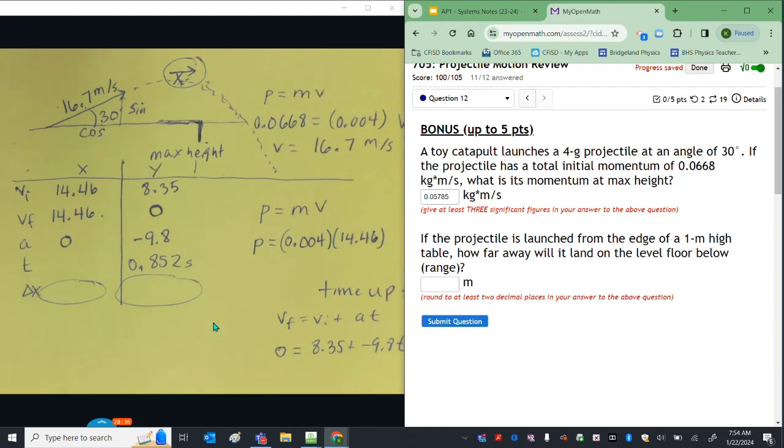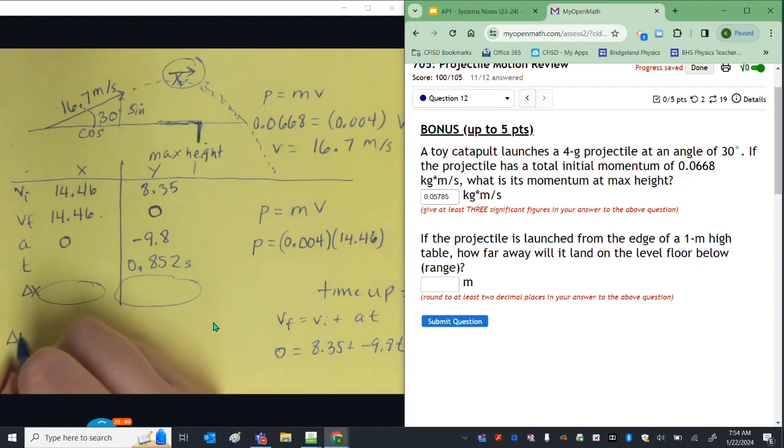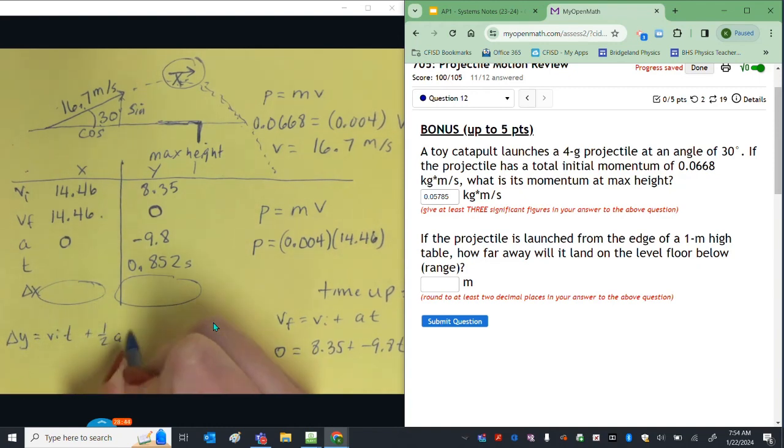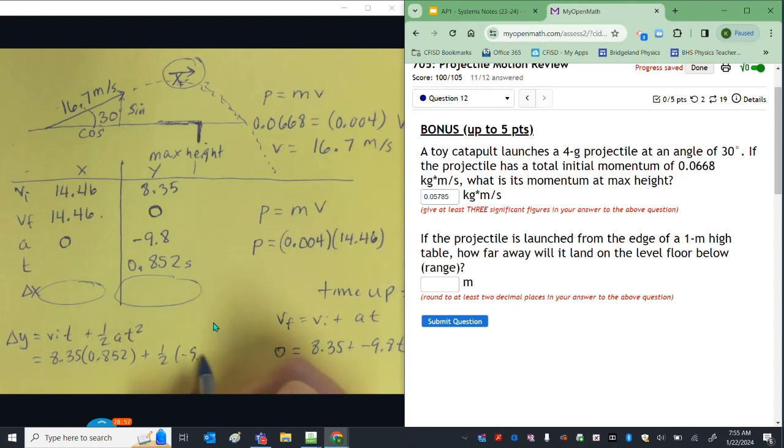If I want to find this, I'm going to use this equation, delta y equals v_i t plus 1/2 a t squared. v_i is 8.35. My time is 0.852, plus 1/2 times negative 9.8 times 0.852 squared.